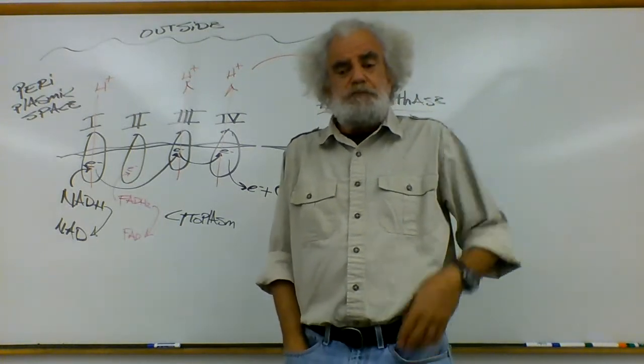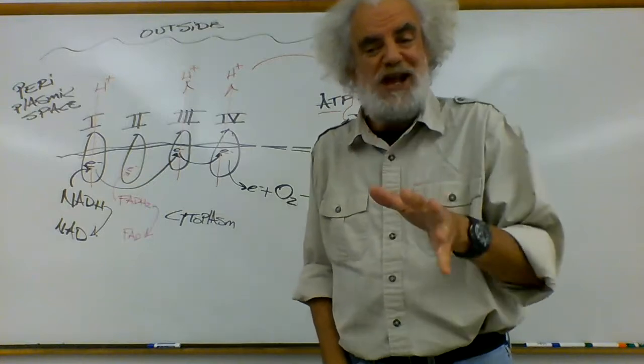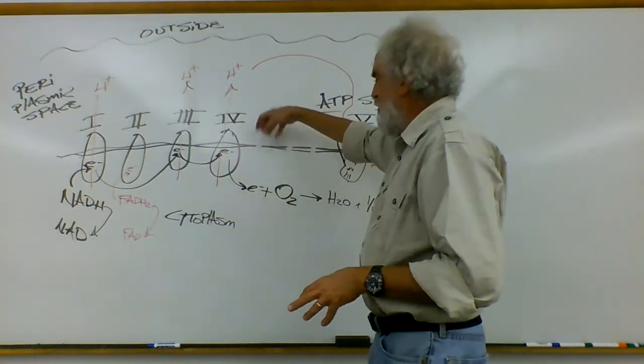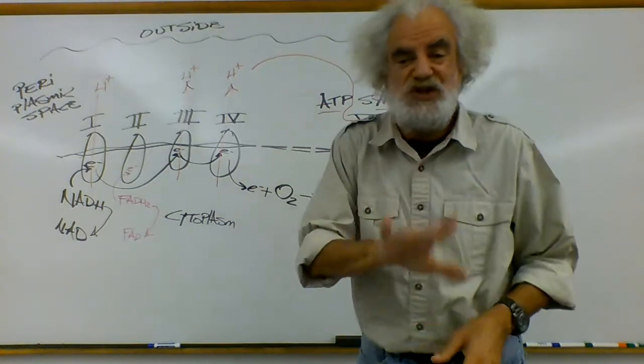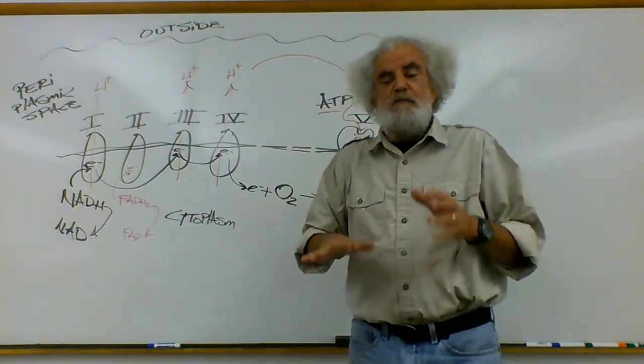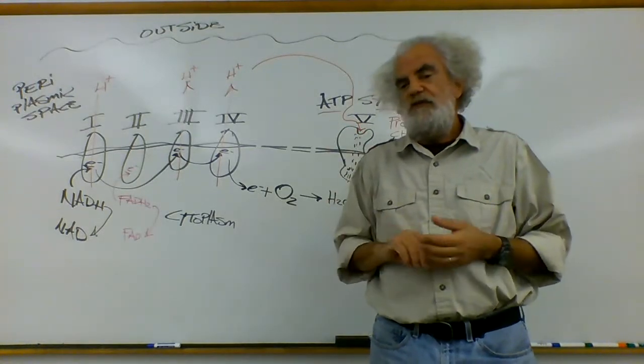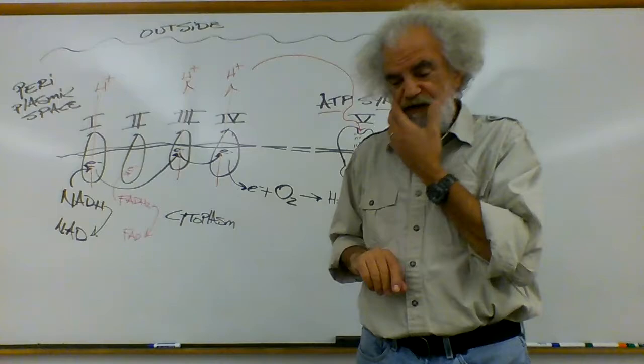All right. Let's look to see what happens if we start messing with this in some different ways. Now, obviously, if we've got drugs that punch holes in the membrane, that's going to screw things up. But what if we remove the oxygen from this system? What's the consequence of removing oxygen?